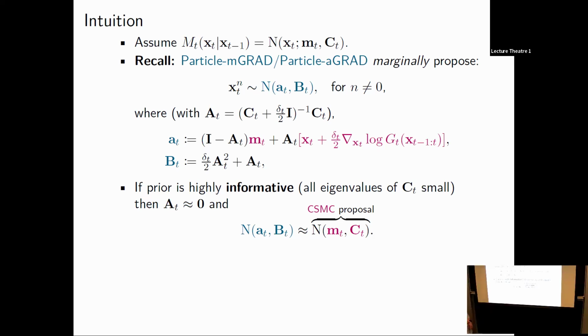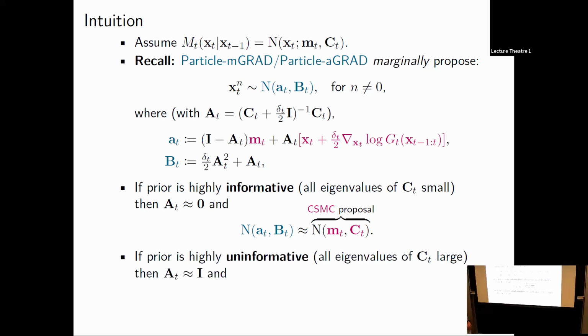And similarly, if your prior is highly uninformative, so if your prior is really diffuse, then using the conditional SMC algorithm is a really bad idea, because your prior is not informative about the target. Then you really want to do some local gradient moves.